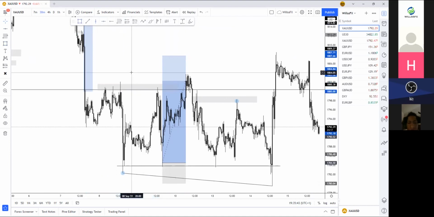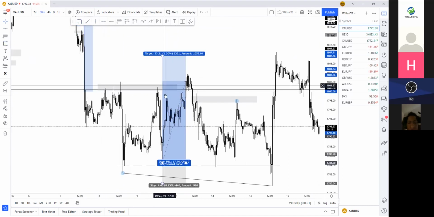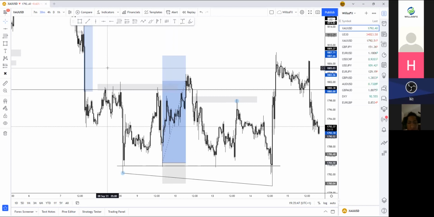Same thing here, liquidity created, you got multiple wicks acting as a resistance zone. And then we have the grab, tweezer top in here, retest of the zone, boom, drop.